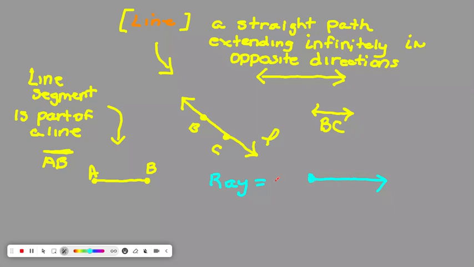That's what a ray is. So let's say we call that G. And maybe we have another point here, H. So we can call this ray GH. Remember, a ray is part of a line.